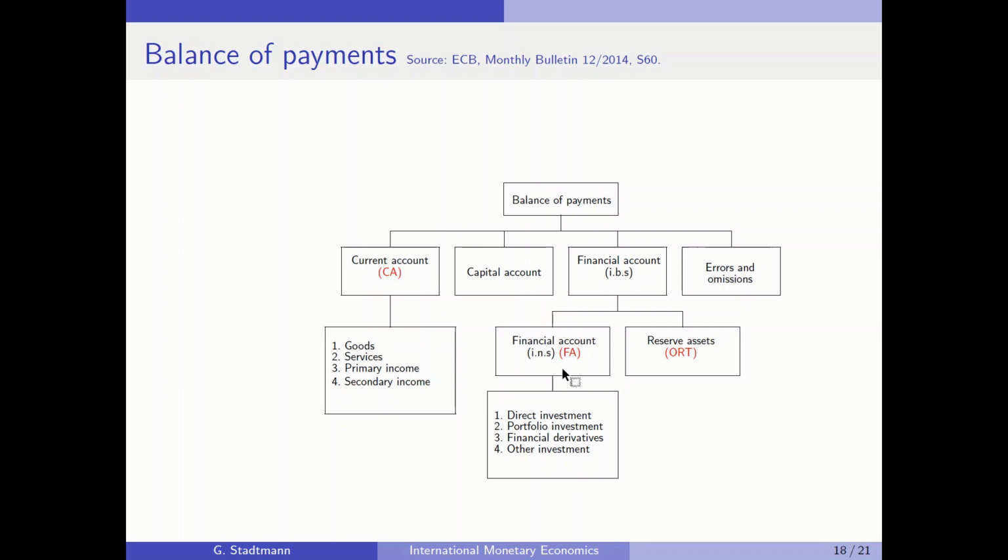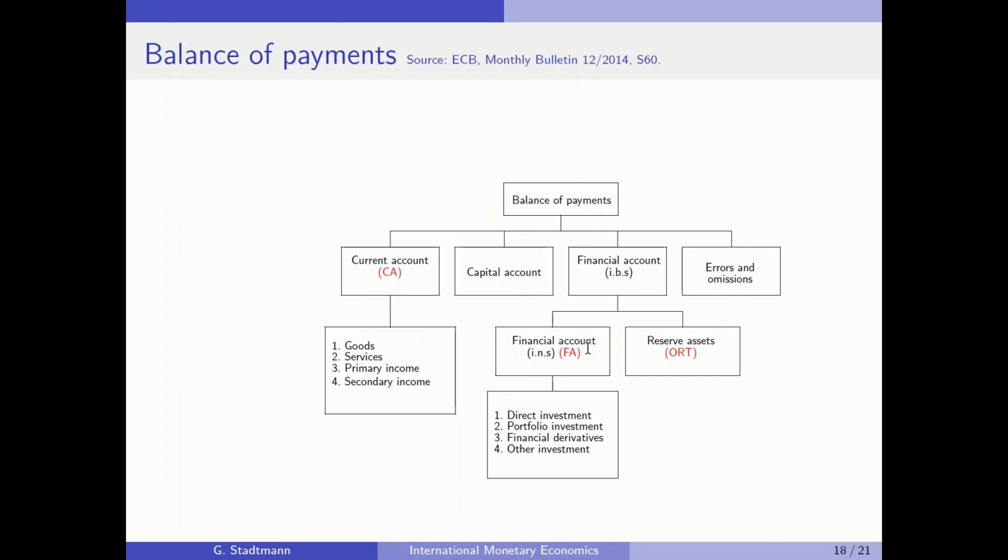Then another account is errors and omissions. So in the end, it should be the case that the balance of payments is balanced. A lot of different institutions in one economy are giving some information to statistical offices or the central bank, which are recording these international transactions in goods, services, or financial transactions.